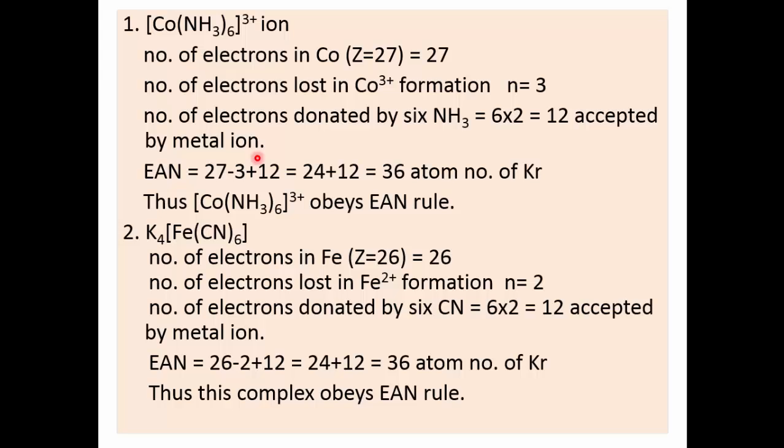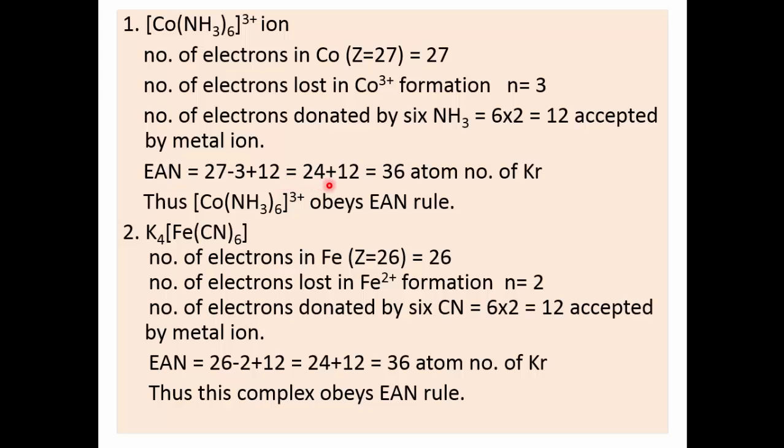Hence, substitute these 3 values in our formula. EAN is equal to Z minus N plus X. Therefore, 27 is the Z, minus 3 the electrons lost for formation of Co3+, and plus 12 electrons which are donated by ammonia.